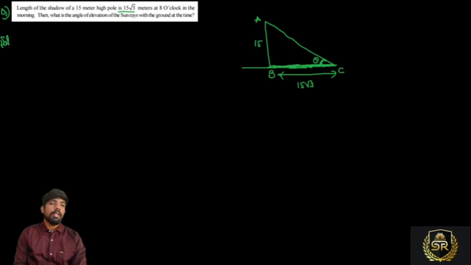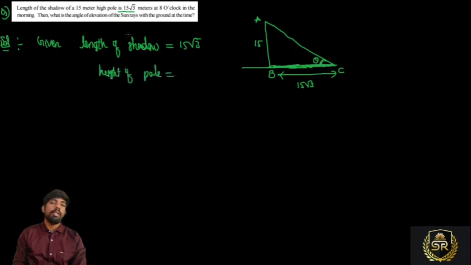So first we will write the given data. Given: length of the shadow is equal to 15 root 3, and height of the pole is equal to 15 meters.